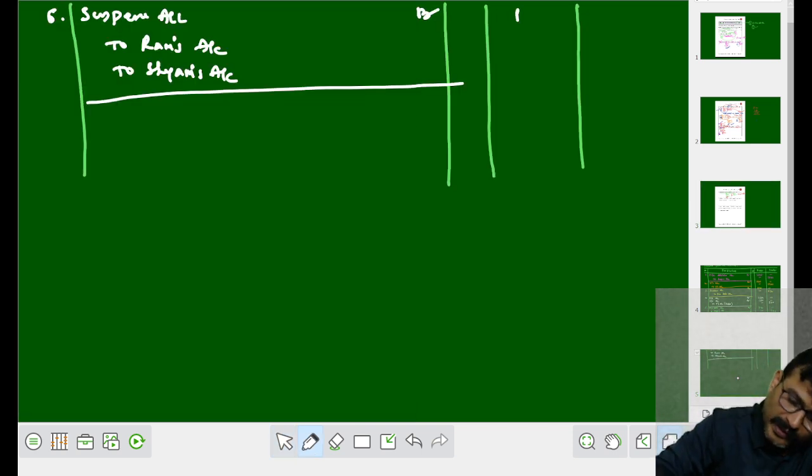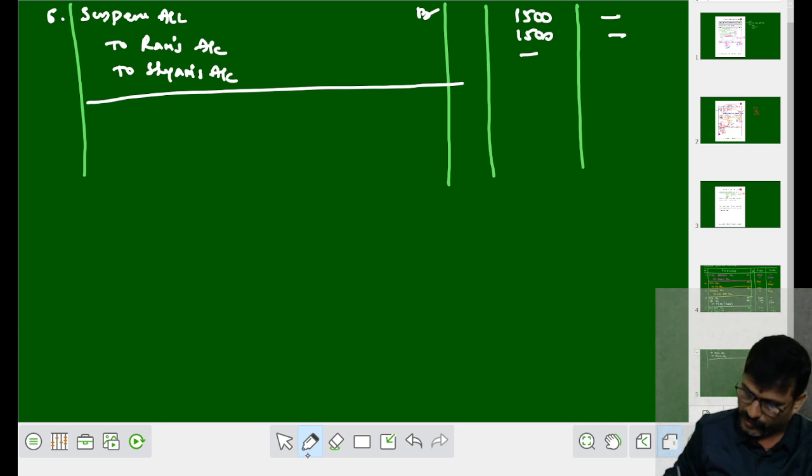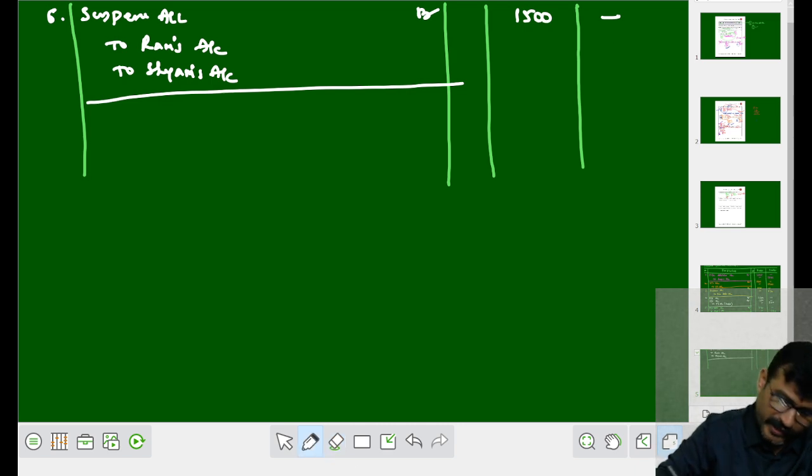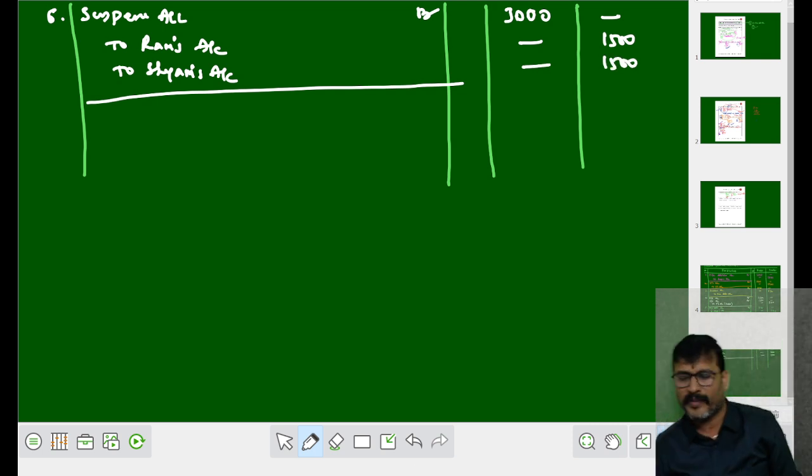An amount of 1500, 1500. Because suspense account double amount, it is an amount of 3000, Ram 1500, Sham 1500.